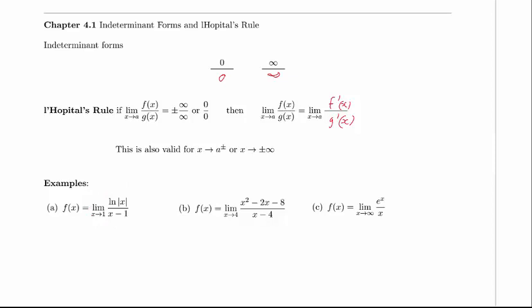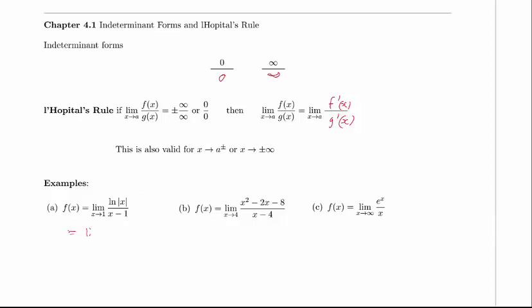Limit as x approaches 1. So note that if you plug in 1 on the top, you get 0, right? Because the natural log of 1 is 0, and you plug into the bottom, and you also get 0. All right, so we got a 0 over 0, so we can use L'Hopital's rule.